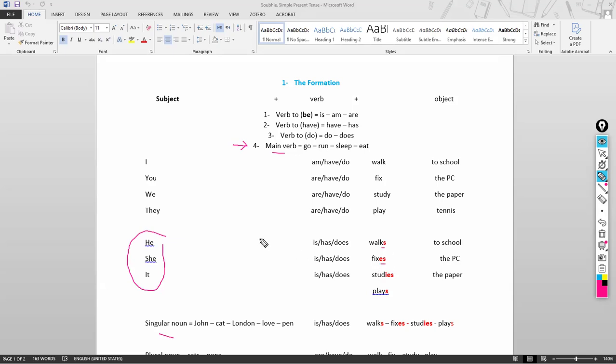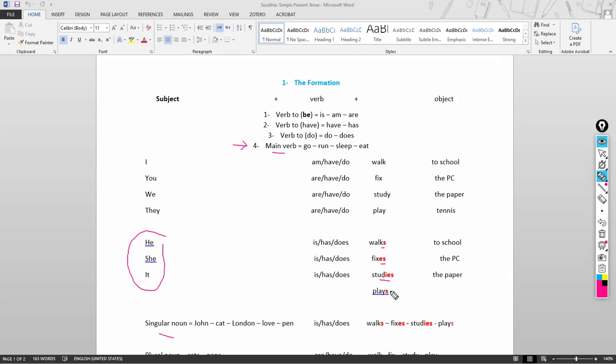If the verb ends with s, ss, z, zz, x, ch, or sh, add es. If the verb ends with y and before the y we have a consonant letter, I have to delete the y and add ies.